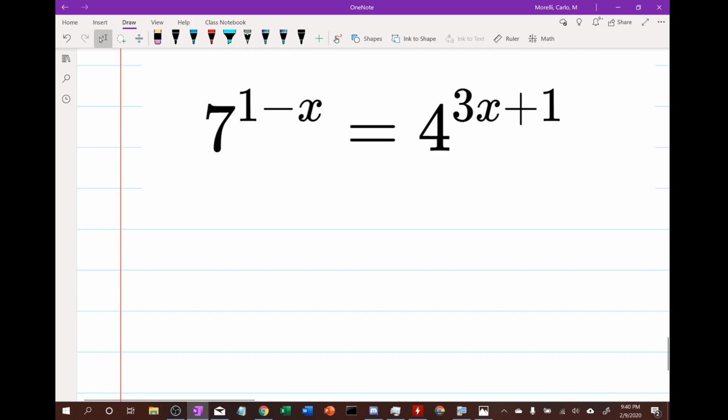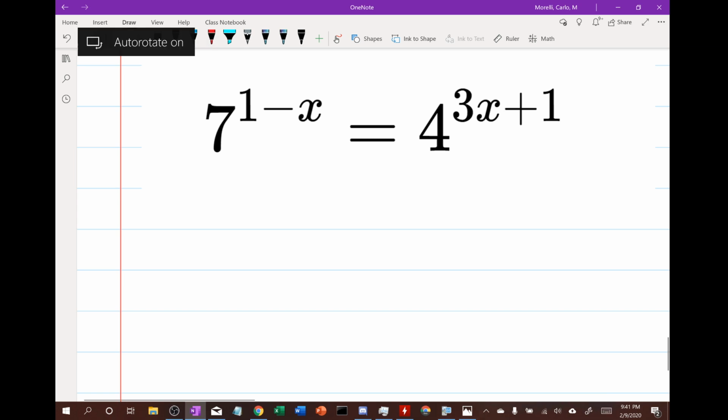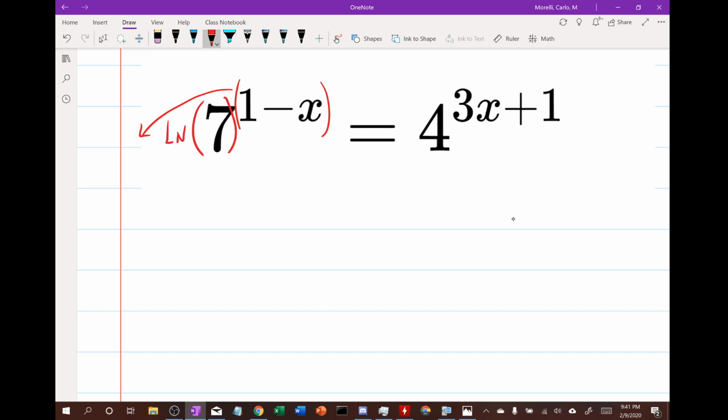All right, so what we're going to do is take 1 minus x. Okay, so we take whatever's in the exponent section and we bring it down in front, and then we take the natural logarithm of the base.